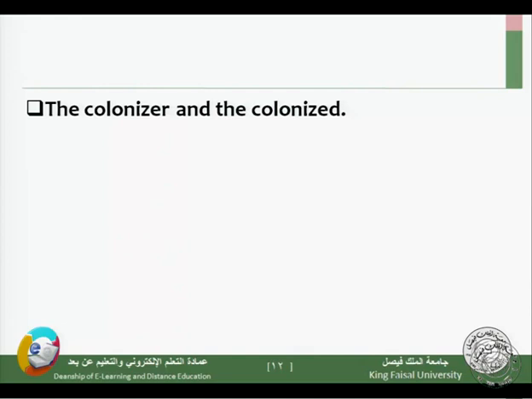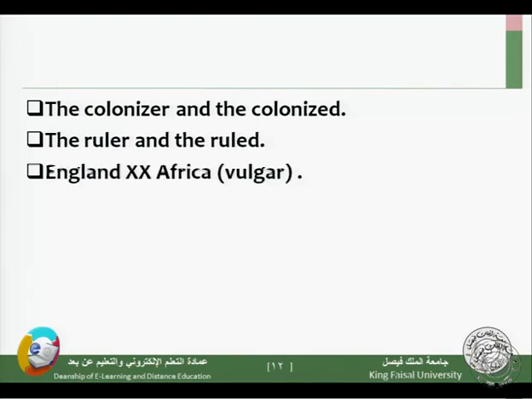The colonizer and the colonized, the ruler and the ruled. Naturally, if England takes control of a country like India, for example, it would rule it, and the other people in that country will be the ruled, the subject people. Like England invading many parts of Africa and considering those parts of Africa to be vulgar.